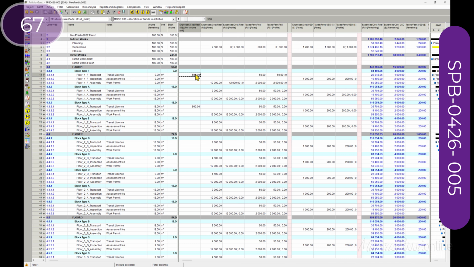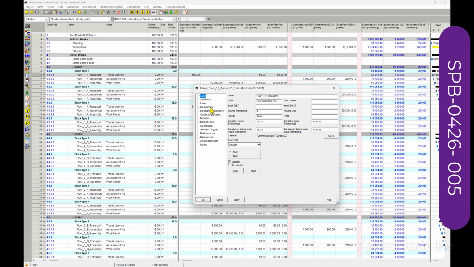Let's see here, 4,500 plus expected cost real. It should be the sum of all costs here. Expenses cost US dollar. There is no cost dollar here. Let's see.